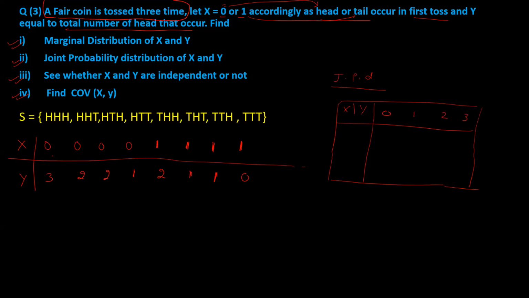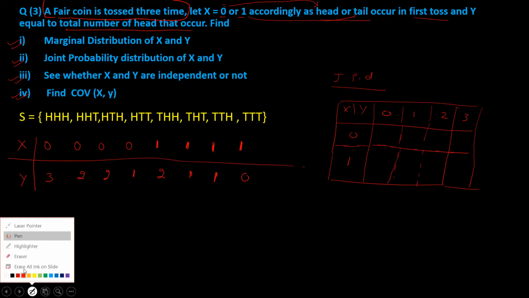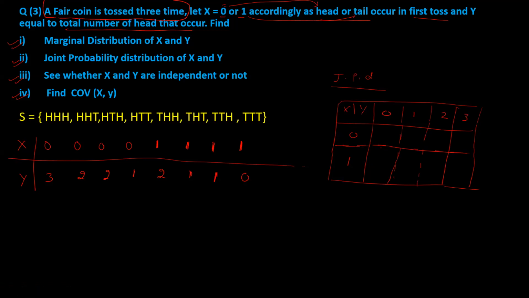What is the x range? X range is only 0 and 1. So x will take the values 0 and 1. That's all. Anywhere if you have doubt, please let me know. Just quickly draw this table. All right, I will change the color to fill the values. Let me take white.